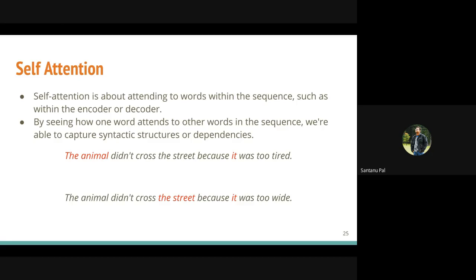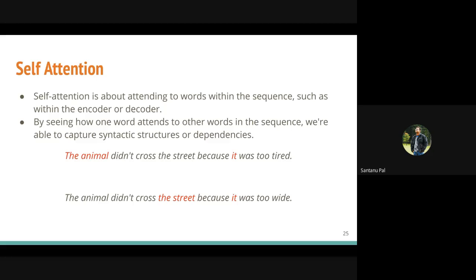I will discuss self-attention in more detail later, but you should understand what it does. Self-attention is about attending to words within the sequence, such as within the encoder or within the decoder. It will see how a word attends to other words in that sequence.